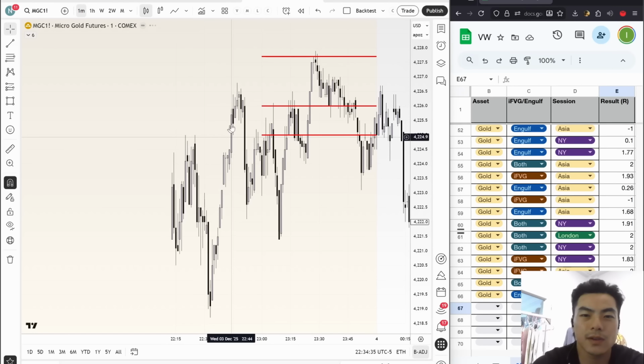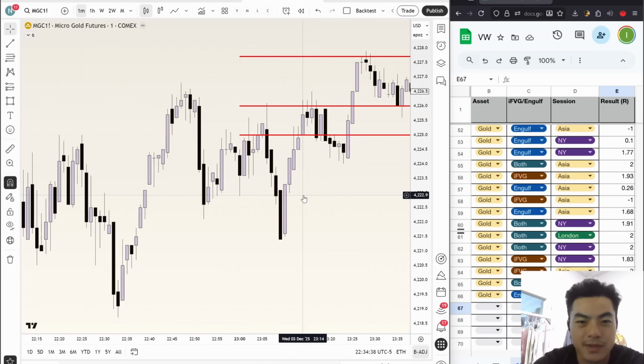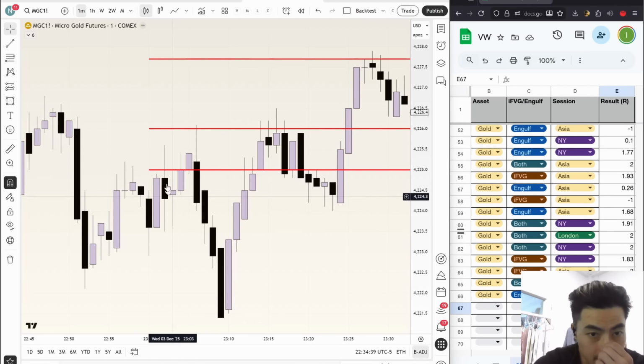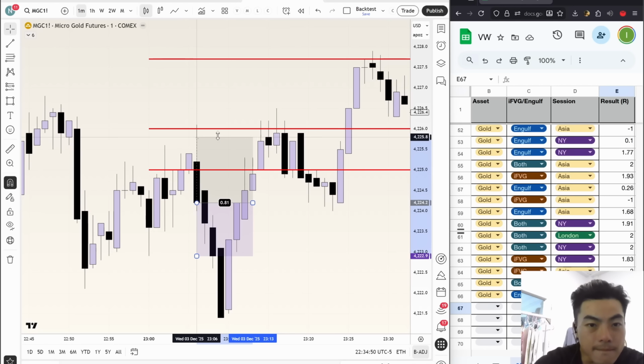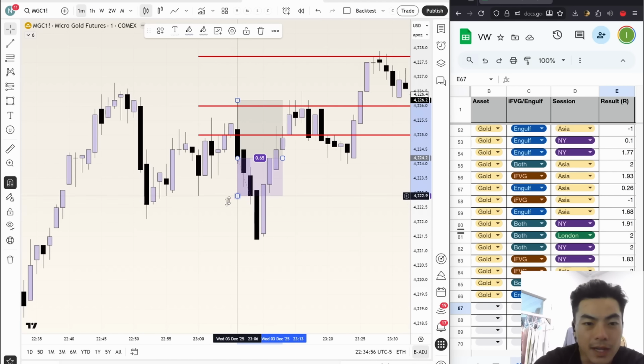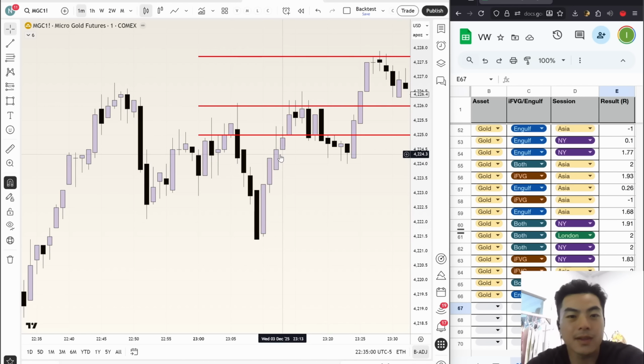Okay. Alright, what do we have here? 3 POIs in 1 hour. At the start, we close above, finally there. Then immediately engulf underneath it. Stop would have to go there. And targeting that. Yeah, the risk reward's just not there. Wouldn't take that.